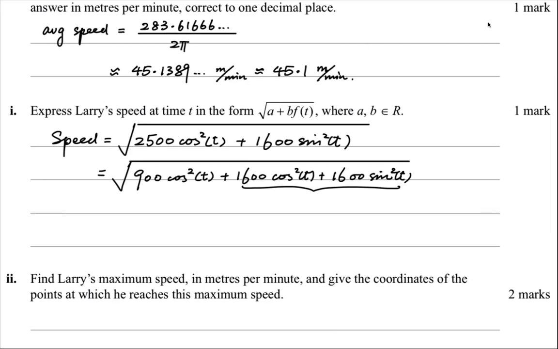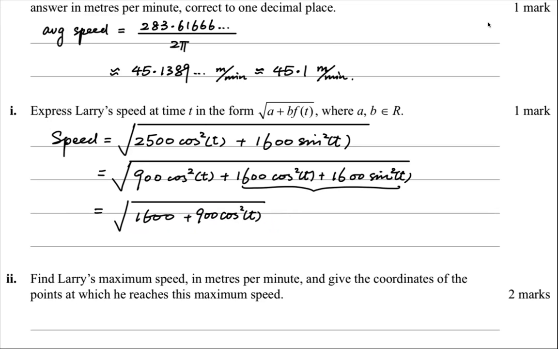Cosine squared plus sine squared is just 1. So one possible answer is 900 cosine squared t plus 1600. So basically, you are expecting this sort of an expression, okay?